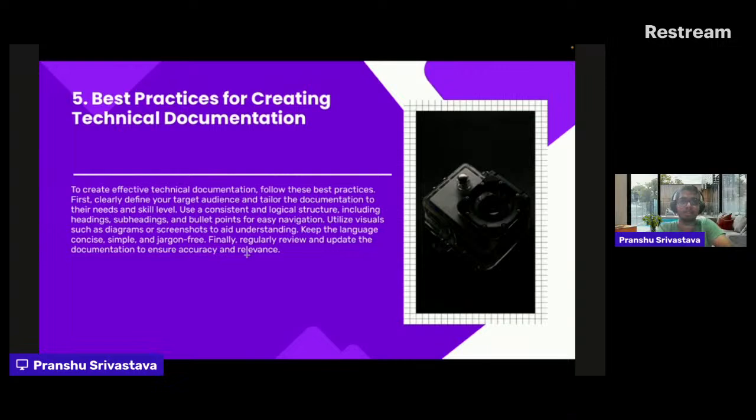But there are obviously some common things that you can follow. It should have a good logical structure, and you should use consistent language across all the documentation. This is something that has been missing from a lot of documentation that open source projects have: they don't have consistency.